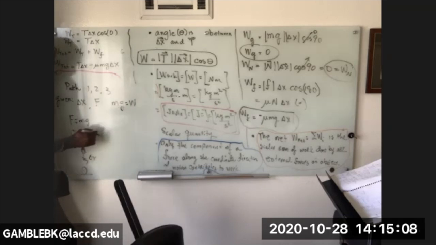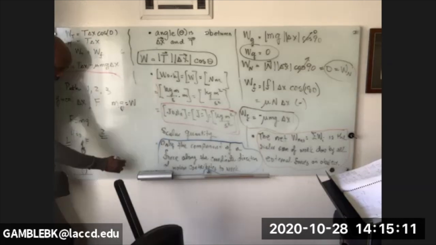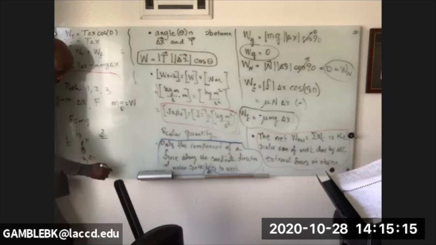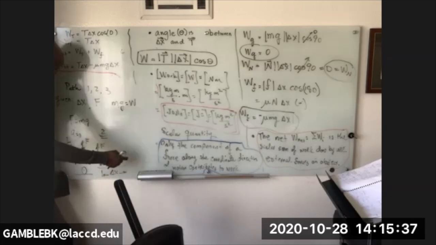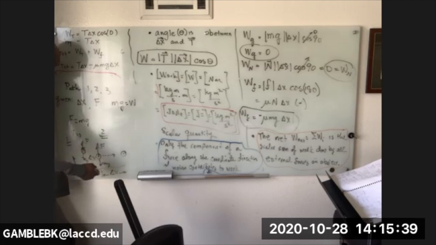For path 2, the objects move through delta x. If you look at the side view, the dumbbells were here, and they moved along to here. And at every point, F is up, the force I'm holding it with, mg is down. Now in this path, the object was moving horizontally, so you have to also consider the direction.